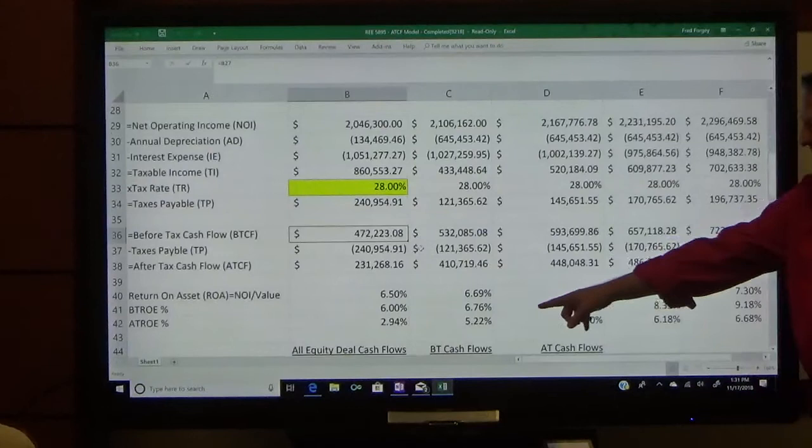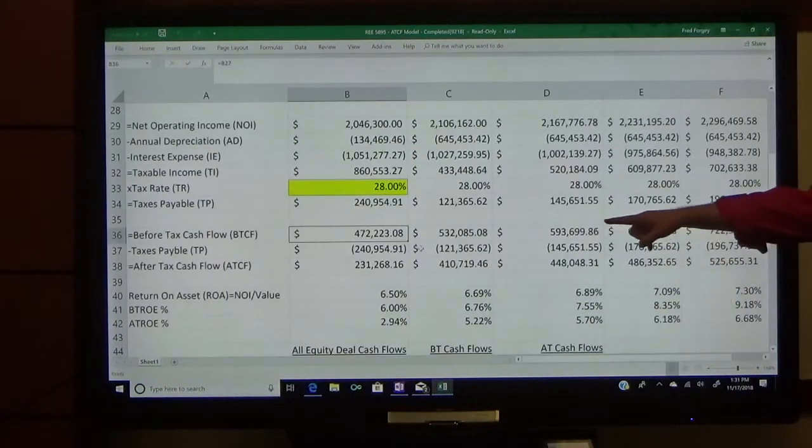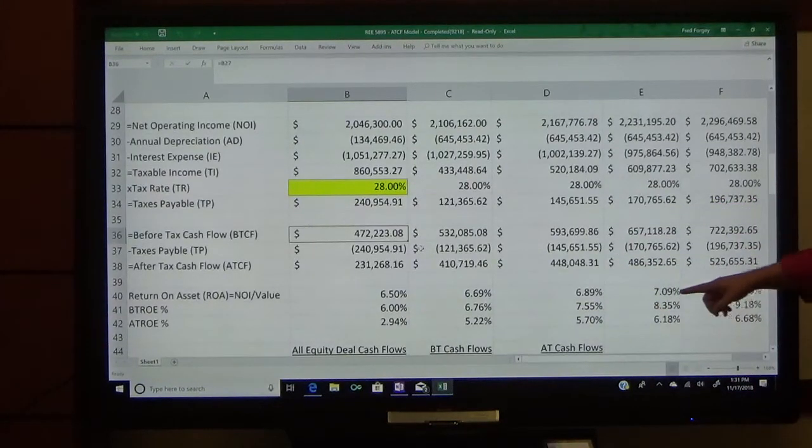Whereas you can see in the subsequent years that that return only increases as we go across the page, and it gets substantially higher and higher as we get deeper and deeper into the property. Okay?